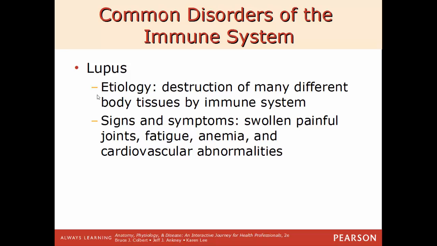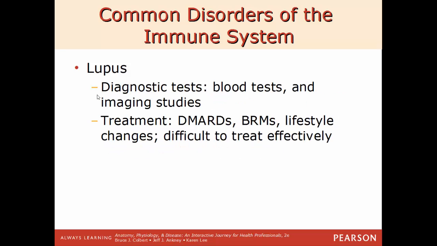Etiology is the destruction of many different body tissues by the immune system. Some signs and symptoms: swollen, painful joints, fatigue, anemia, cardiovascular abnormalities. Some diagnostic tests: blood tests, imaging studies. Treatments: just like with rheumatoid arthritis, DMARDs, BRMs, lifestyle changes, but another one that's very difficult to treat effectively because it involves so many body systems.